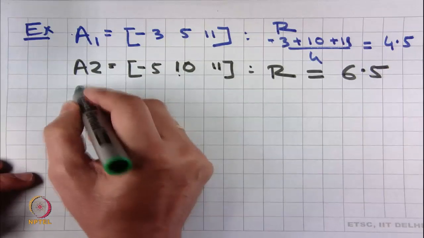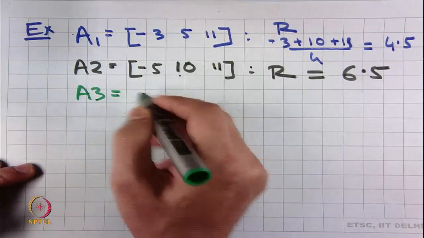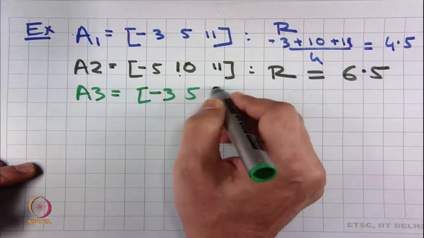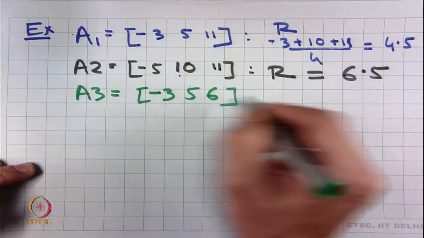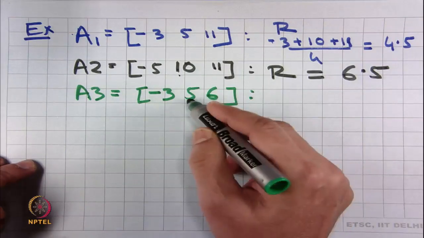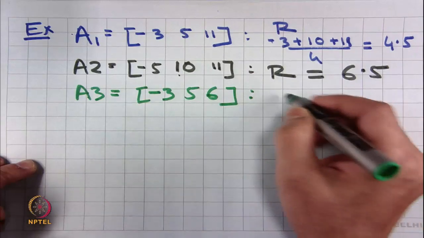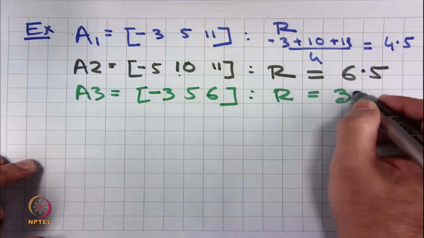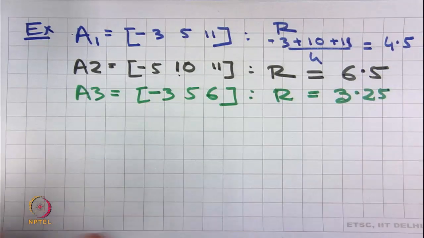Let A3 be minus 3, 5, 6, and you can calculate 10 plus 6 is equal to 16 minus 3 is equal to 13. Therefore, R is equal to 3.25.